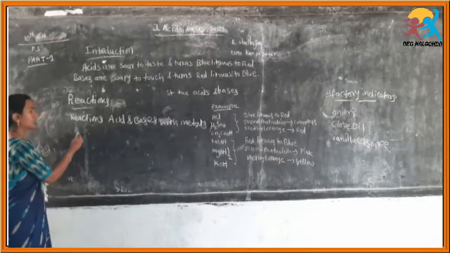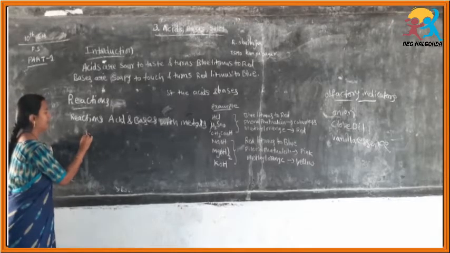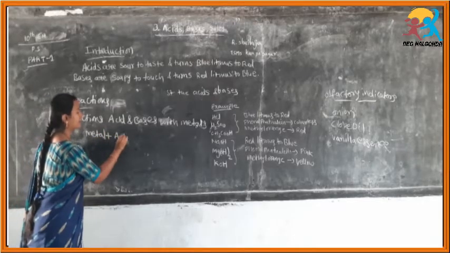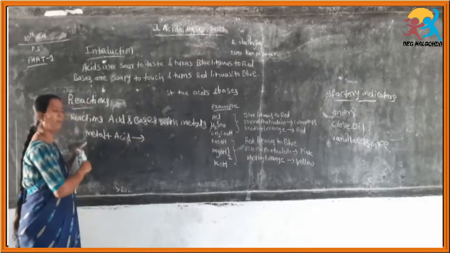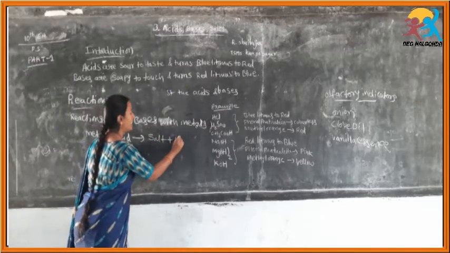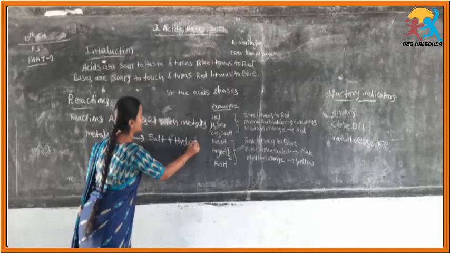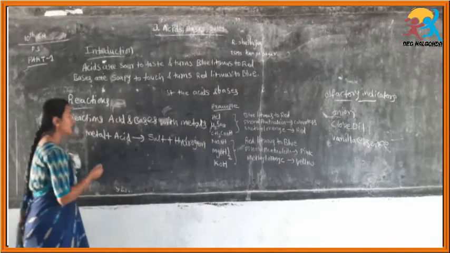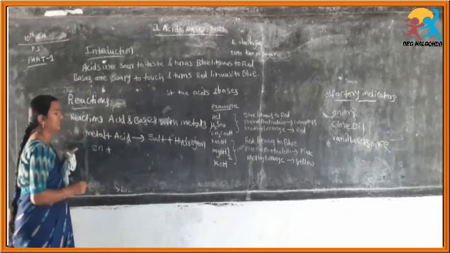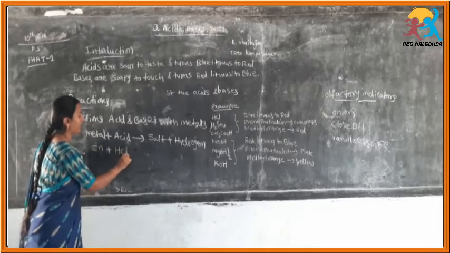So first let me take a metal and react it with acid. The reaction between the metal and acid gives a salt and releases hydrogen gas. So let me take one metal, for example zinc metal. The zinc metal reacts with hydrochloric acid.